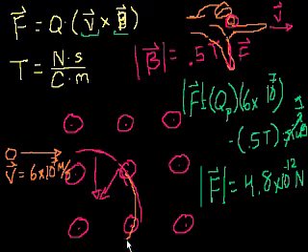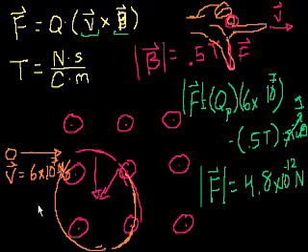As long as it's in the magnetic field, the force applied to the particle by the magnetic field is going to be perpendicular to the velocity of the particle, so it's like a centripetal force on the particle. So the particle is going to go in a circle.